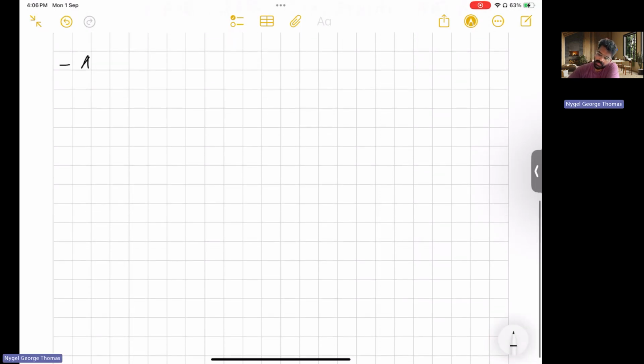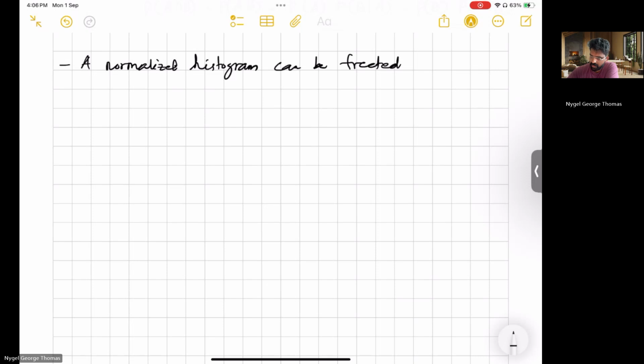Also, we'll discuss how we connect histograms and probability. The idea here is that a normalized histogram can be treated as a probability mass function.